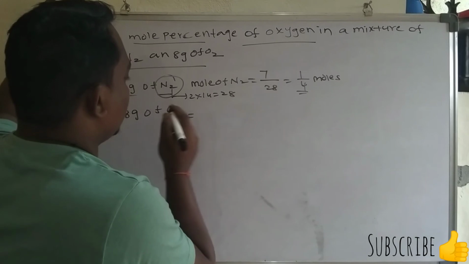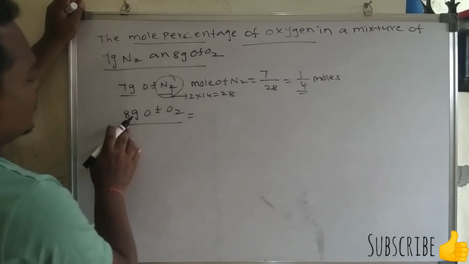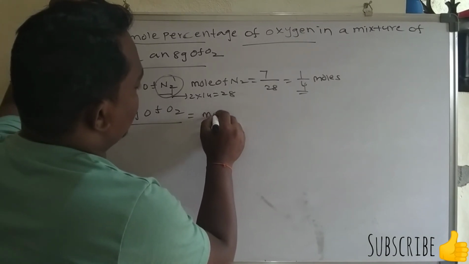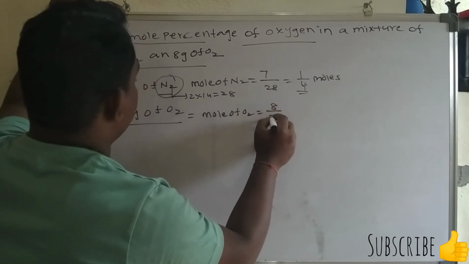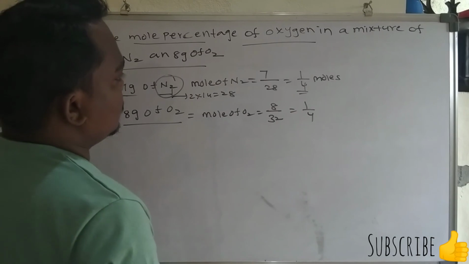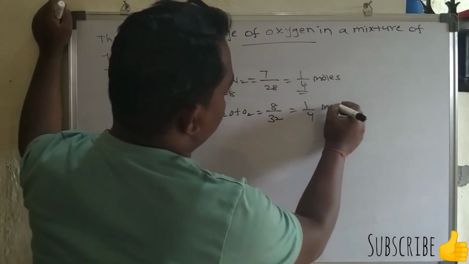Then we can find the moles of oxygen. Moles of O2 is equal to 8 by 32, that is 1 by 4 moles.